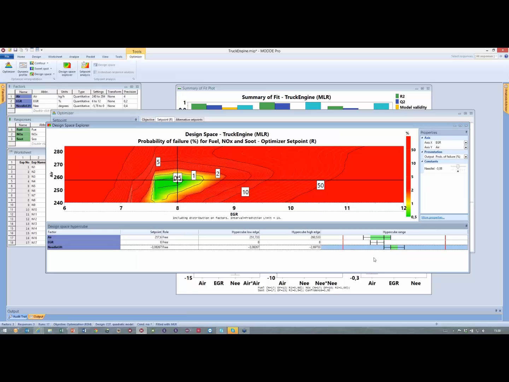So MODE will provide two complementary estimates of factor ranges. We have the green field down here, which represents the mutually largest ranges for the factors within which they can simultaneously be changed. Or we have also the black T lines, which represent the individual ranges for the factors.